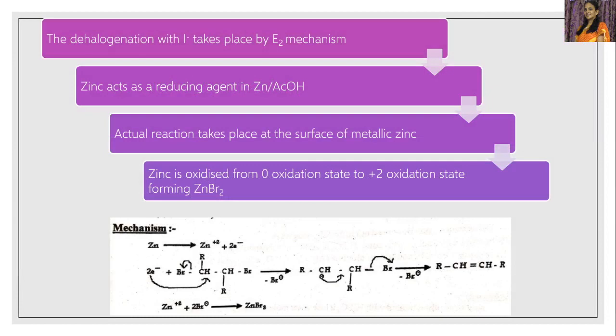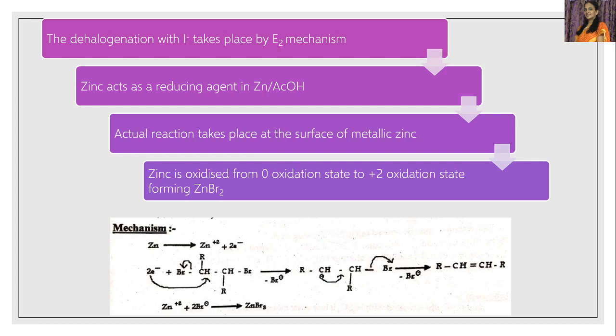A few points about the dehalogenation of vicinal dihalides. Dehalogenation takes place by E2 mechanism. In this, zinc acts as a reducing agent in zinc and acetic acid.